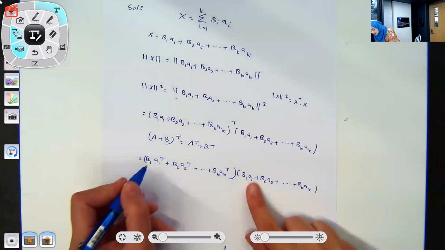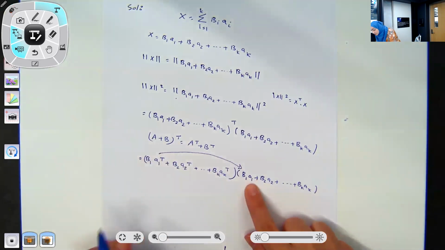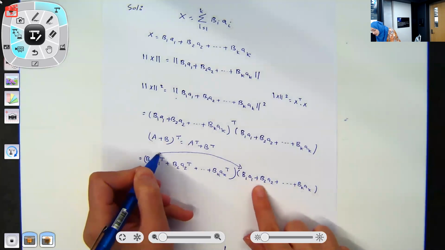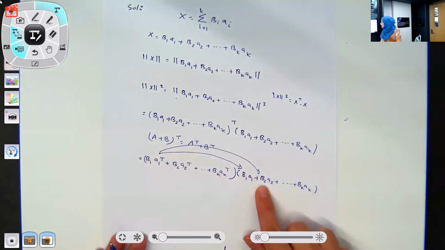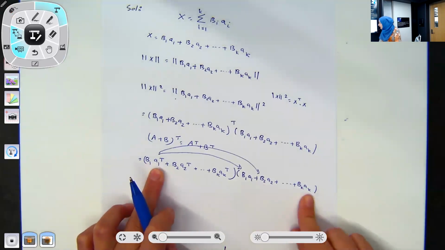So we need to multiply B1 A1 transpose with B1 A1. We need to multiply B1 A1 transpose by B2 A2. We need to multiply B1 A1 transpose by BK AK.